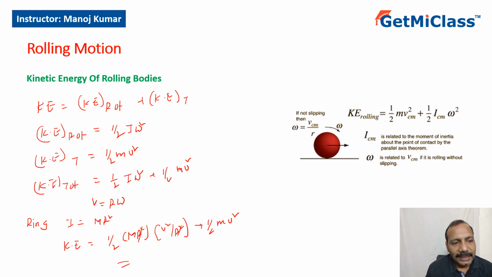So here this cancels, and I'll be left with half mv square plus half mv square. So the total kinetic energy is equal to mv square. So a body rolling with velocity v would have greater kinetic energy than a body sliding or skidding with velocity v. That's because we have kinetic energy of rotation as well as kinetic energy of translation involved.